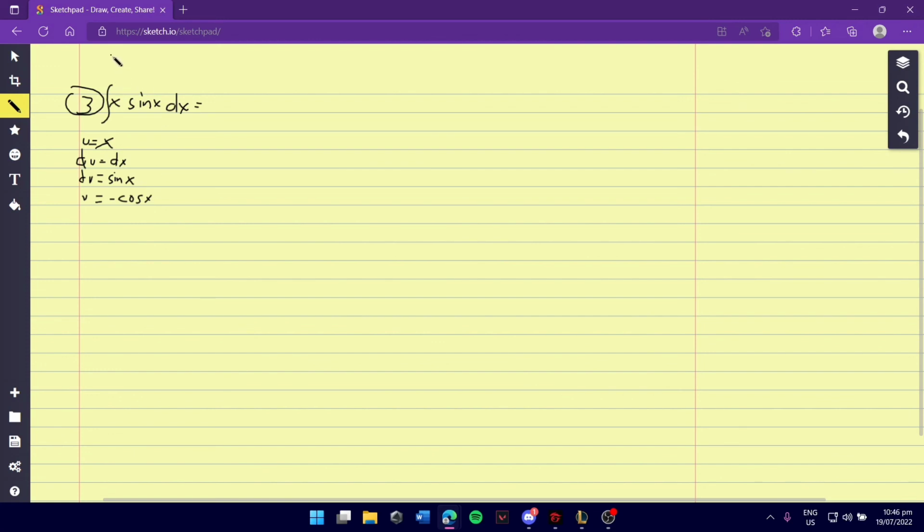So we have our values of u, du, dv, and v. Next, we will apply this in our formula. So this will become negative x times cosine x minus the integral of negative cosine x dx, which is equal to negative x cosine x plus the integral of cosine x dx.